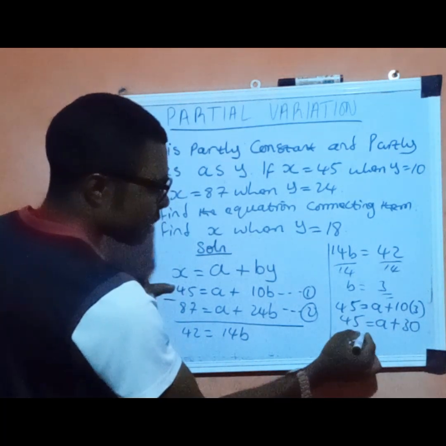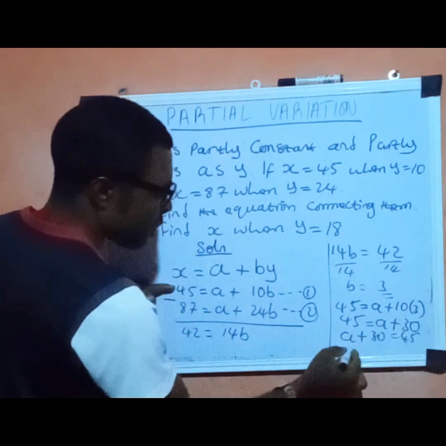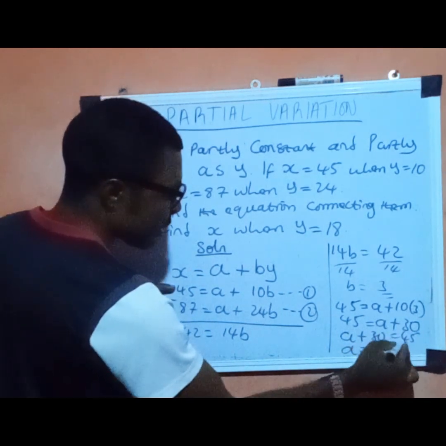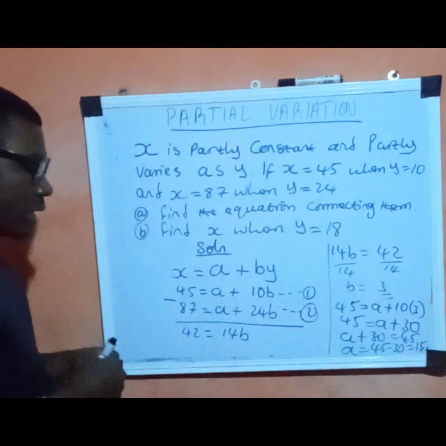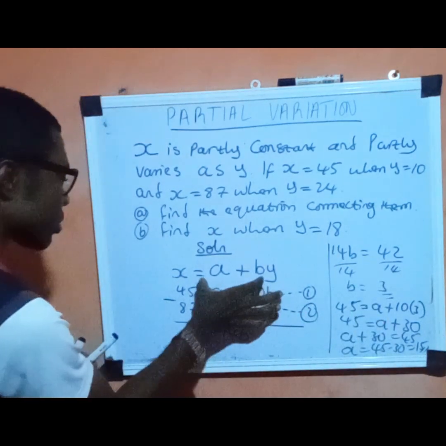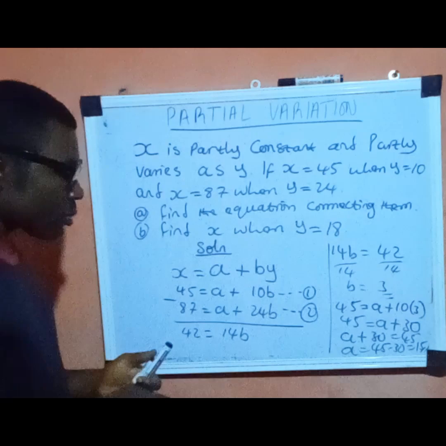A plus 30 equals 45, and then your A will be 45 minus 30, and that is 15. So A is 15. So if B is 3 and A is 15, we'll now substitute in this equation to get the equation connecting them. So that's what we're going to do.